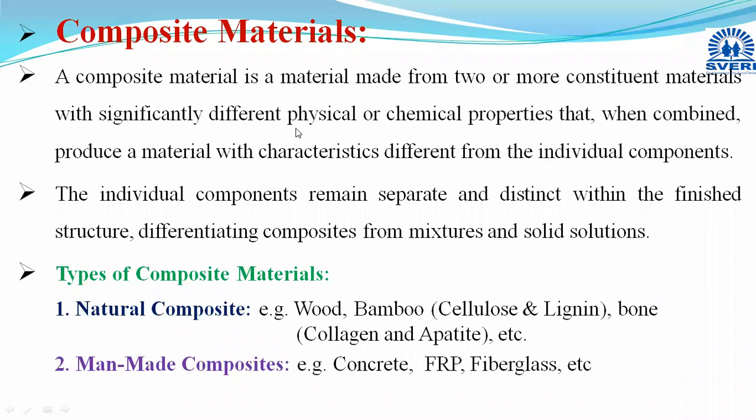Two or more different materials are combined to give rise to a new material, and this new material has different physical and chemical properties as compared to the parent material or its constituent elements. This will be termed a composite material.